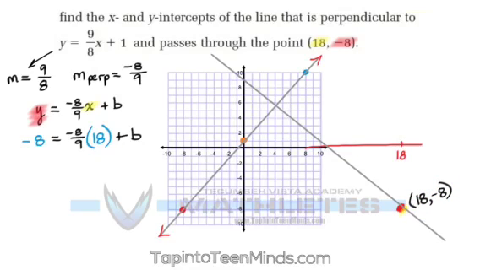So after substituting in, we can see negative 8 is equal to negative 8 over 9 times 18 plus our y-intercept. So we can now isolate and solve for b.